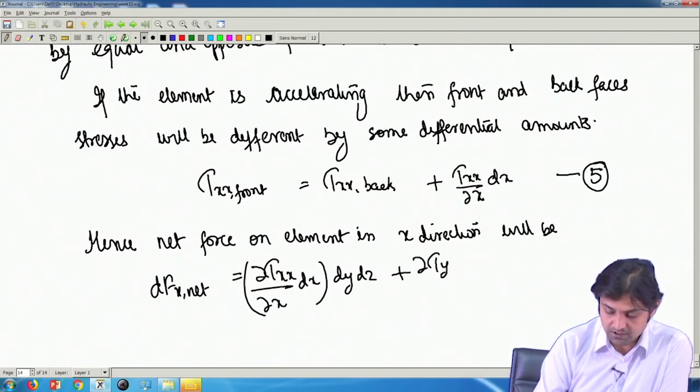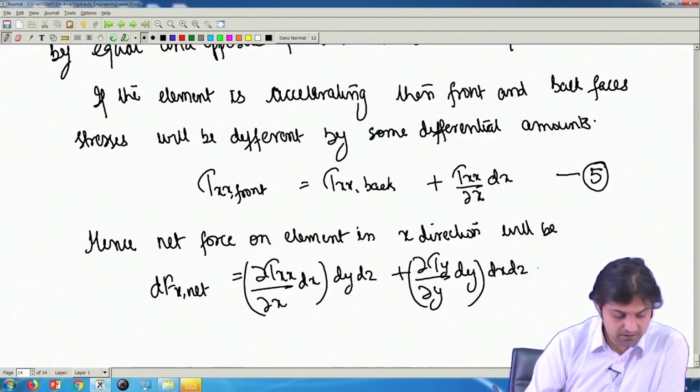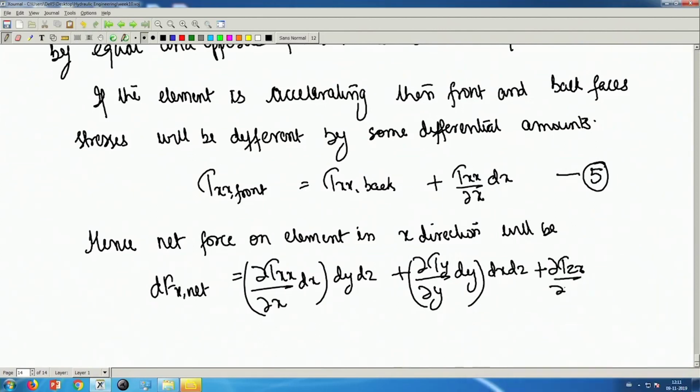Same here, del tau yx by del y into dy, into dx dz, plus del tau zx by del z into dz multiplied by dx dy. And this we call equation number 6.